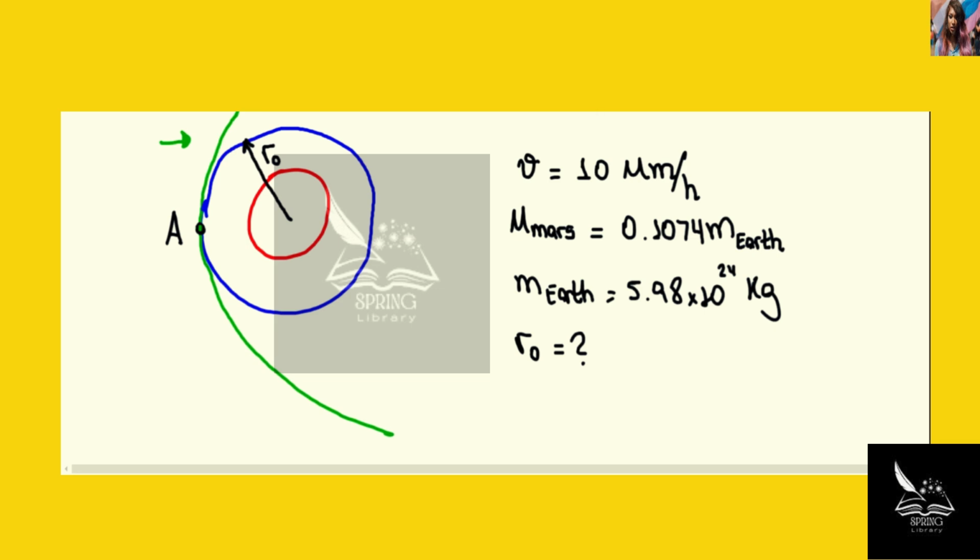This means that the speed the explorer has at this point is the escape speed of Mars at the distance r0. So v is equal to the square root of 2GM divided by r0. Now we want to find r0, and that's 2GM divided by v squared.